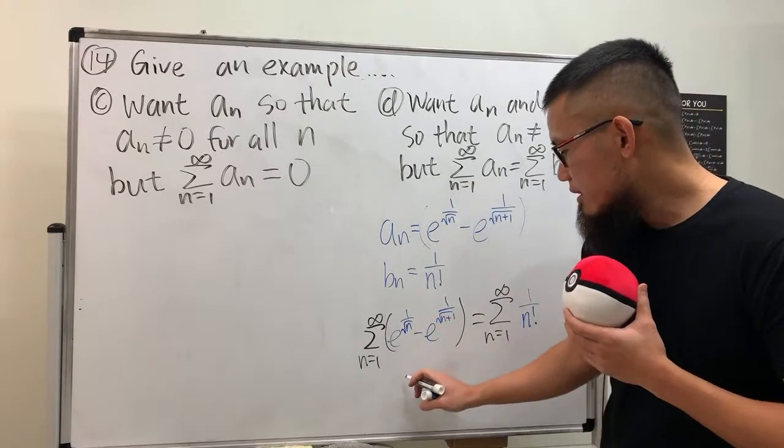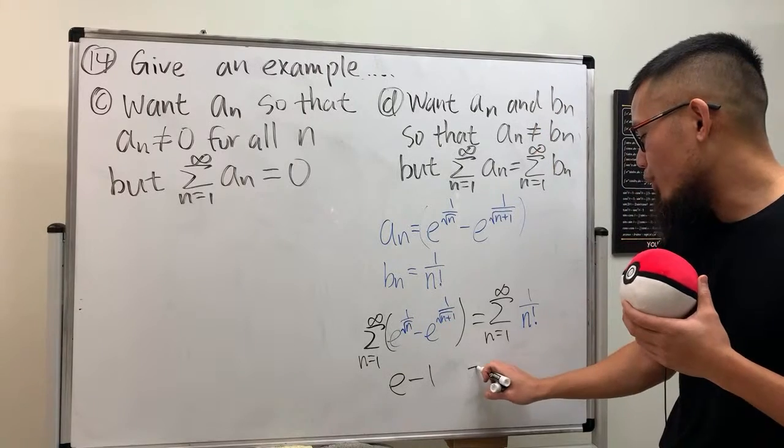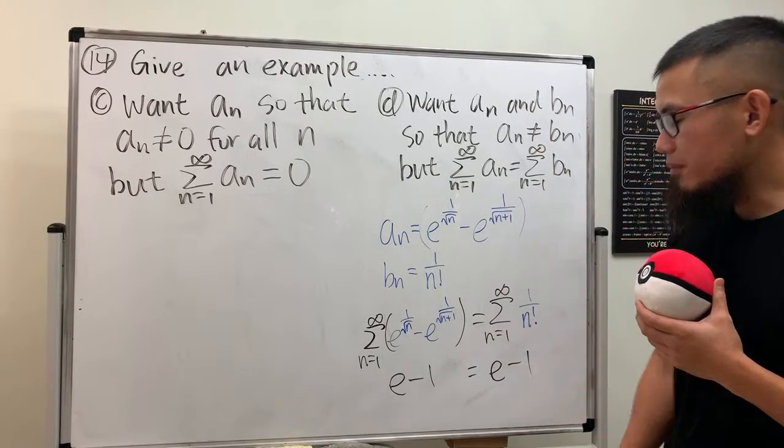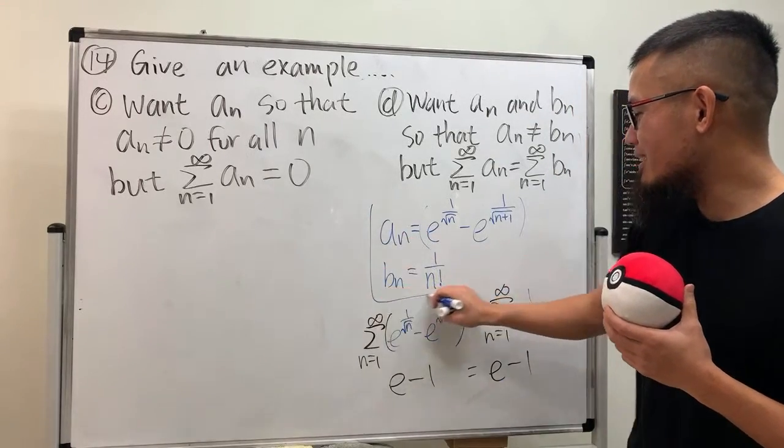Guess what? The left hand side is equal to e minus 1, and the right hand side is also equal to e minus 1. So this is my answer for you guys.